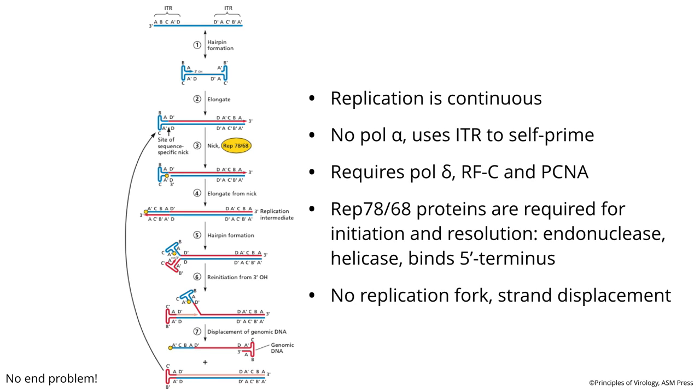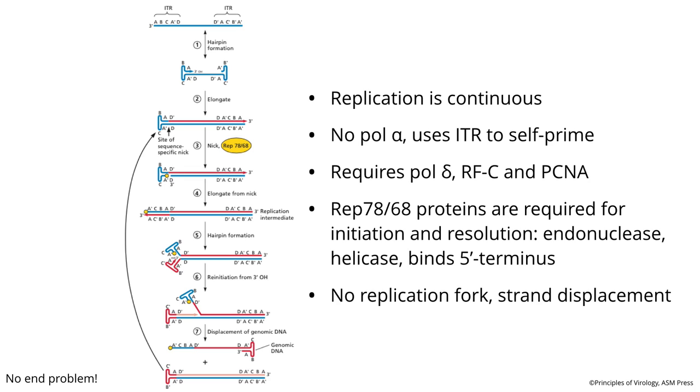So what has to be done is this double-stranded product is nicked by the Rep78, 68 protein, which has endonuclease activity. Endonuclease meaning you can cut inside a DNA sequence, not exo. Exo means you cut at the ends. Endo, you can cut inside. So this sequence gets nicked between the A and the D sequences.